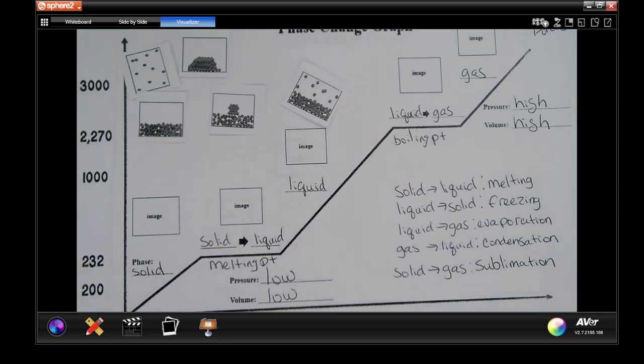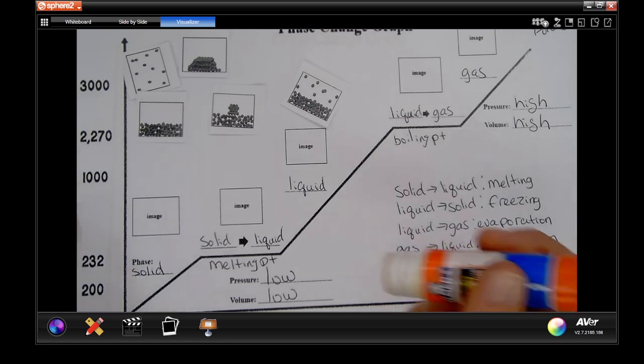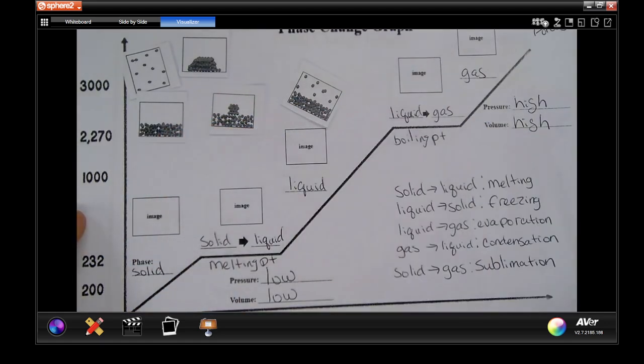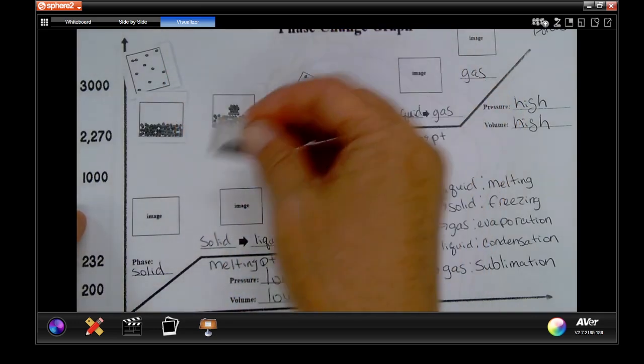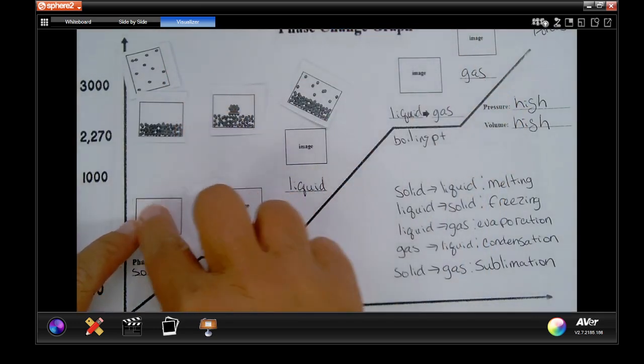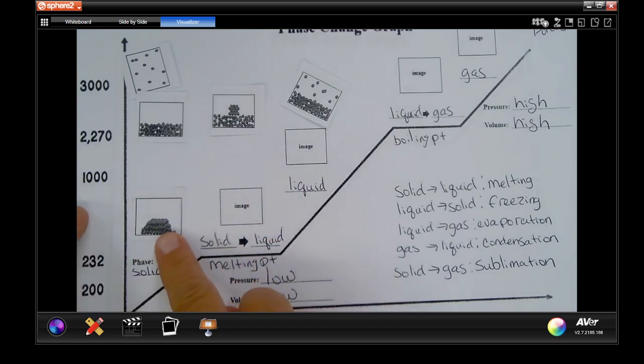Now, remember, solids. Are solids close together or far apart? What did you guys learn? They're close together. So a solid, if we did a picture representation, would be this one right here. These are extremely close together, right? That would be a picture of a solid. All the atoms are really close.